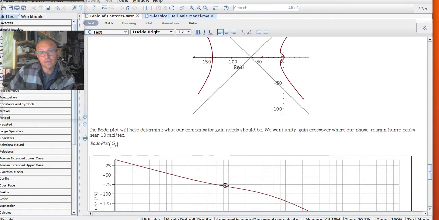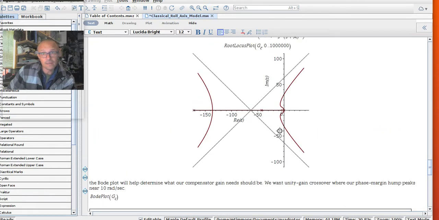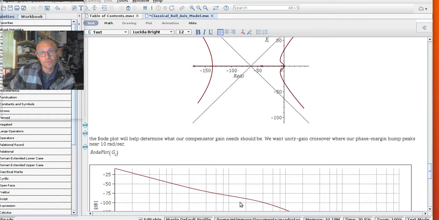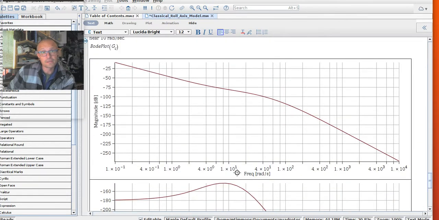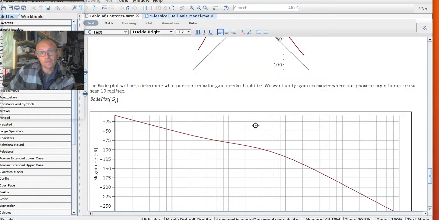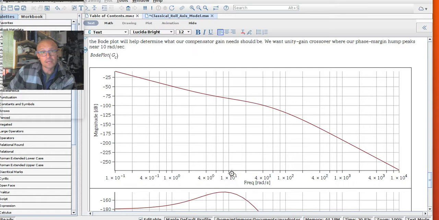And so whatever that 75 dB of gain is, if we refer to our textbook, we'll see that it's going to put these poles right in here somewhere. That pole pair is going to be there because our sketching rules will reveal that we have about 30 to 40 degrees of phase margin, and the magnitude there will come out to be about 10 radians per second for a crossover frequency.